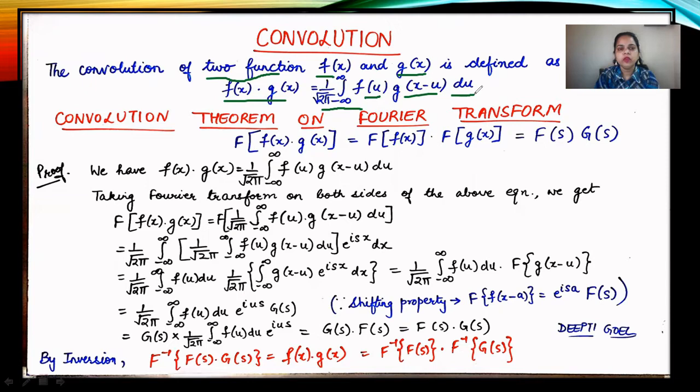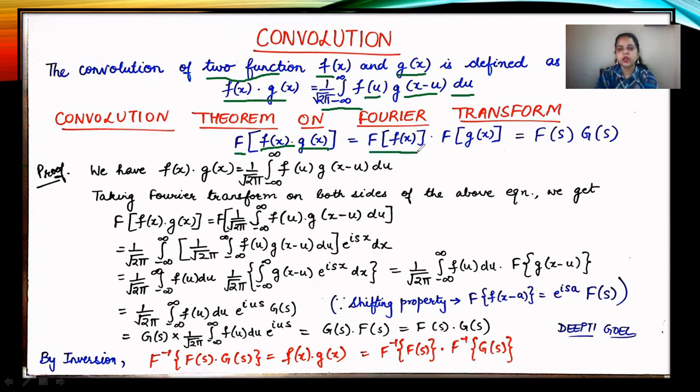When we apply the convolution theorem on the Fourier transform, that is, when the Fourier transform is applied on the convolution of the two functions f of x and g of x, the convolution theorem states that the Fourier transform of f of x convolved with g of x is nothing but the multiplication of the individual Fourier transforms of the functions.